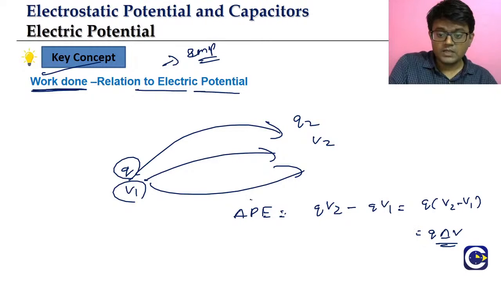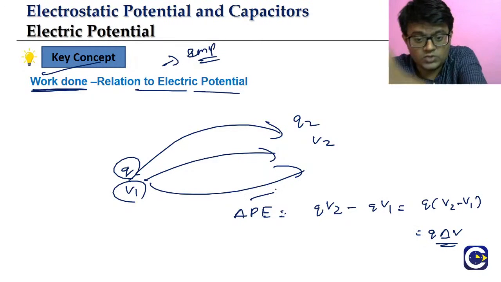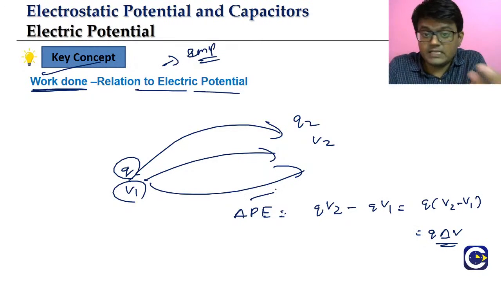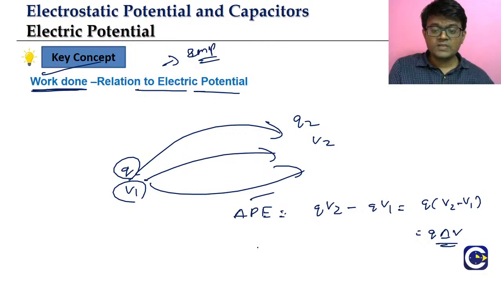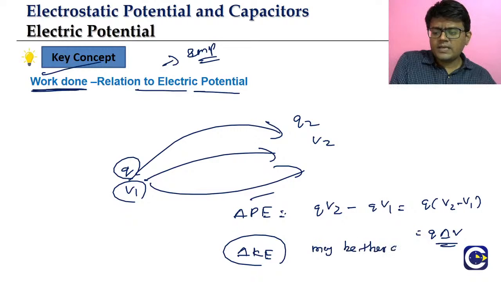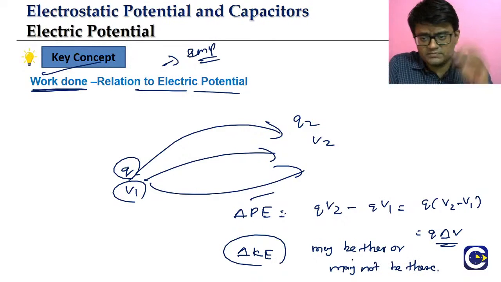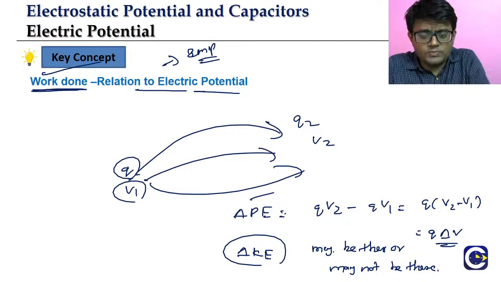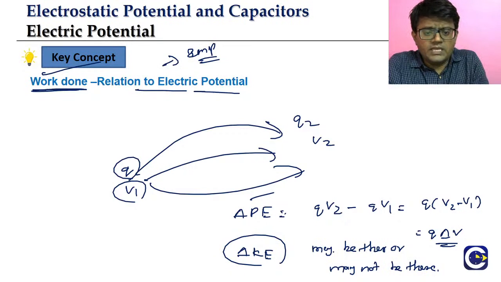Okay? So ஒரு இடத்துல இருந்து if you are moving the charge to another place means there will be a change in potential energy, right? And change in kinetic energy may be there or may not be there. It depends on situation to situation. Sometimes we may assume that we are not giving any kinetic energy, so initial kinetic energy and final kinetic energy we may assume to be 0.